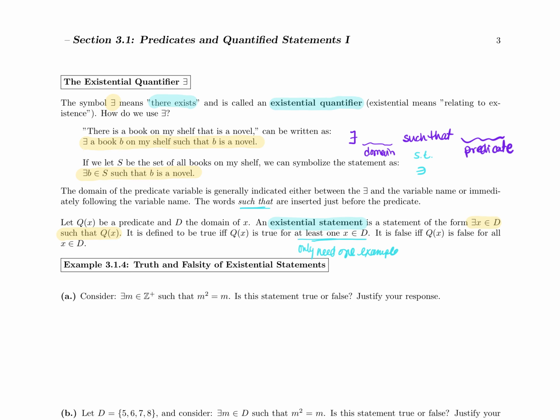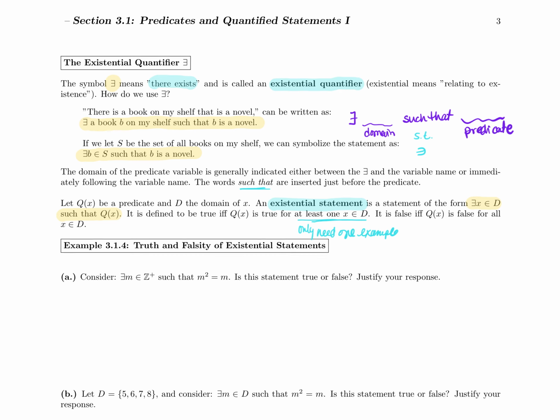And we're going to find out in section 3.2 that is absolutely the case. When you negate a universal statement, it becomes an existential statement. And when you negate an existential statement, it becomes a universal statement. We're going to spend our time in this section on showing the truth and false nature of the statements. We'll get into negations in the next section.